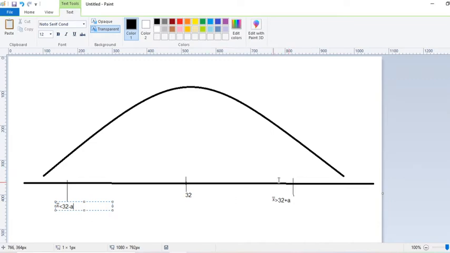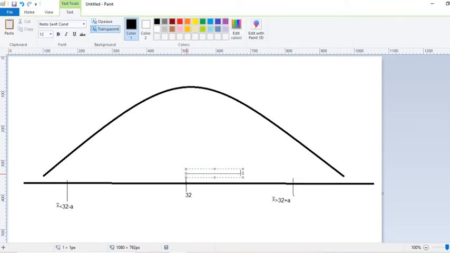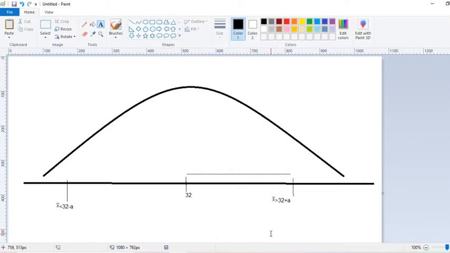If the x bar value is deviated much from 32, we cannot take x bar as the estimate of the mean. We cannot accept the value of x bar, so we have to reject. So what will be the rejection region?